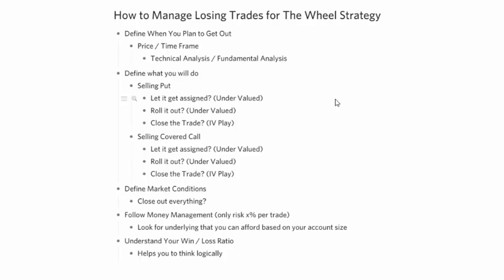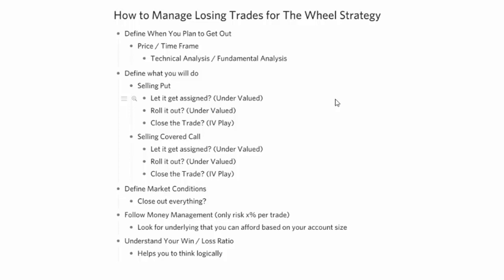And obviously, after we get assigned, we own the stock, what we want to do is to sell covered call. And if the price shoots up beyond the strike price of the call that we sold, now, again, this is why we want to predetermine when we want to get out. So if we already know the price right now is already beyond the price point that we want to get out, we can just let it get assigned.